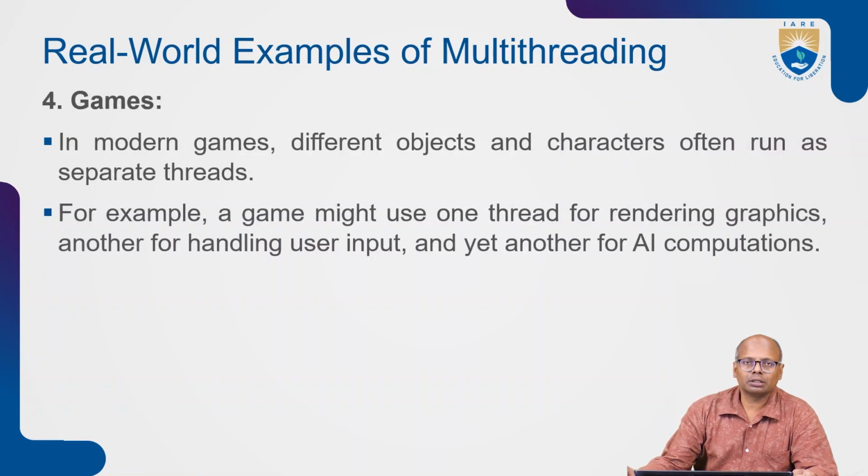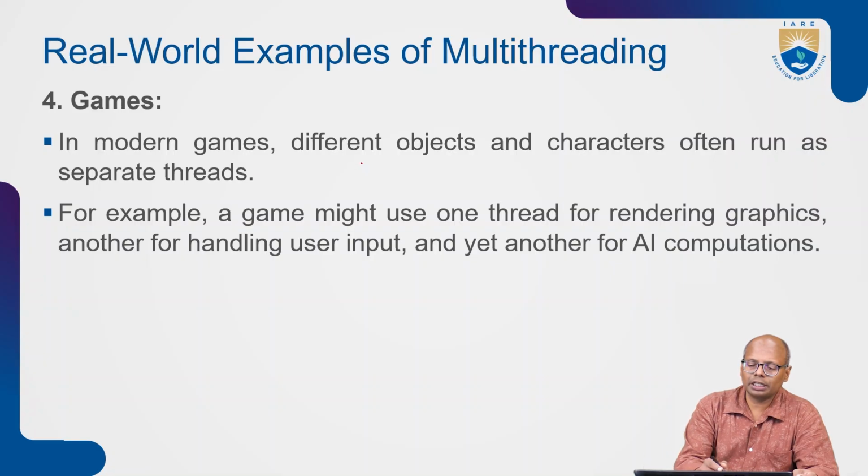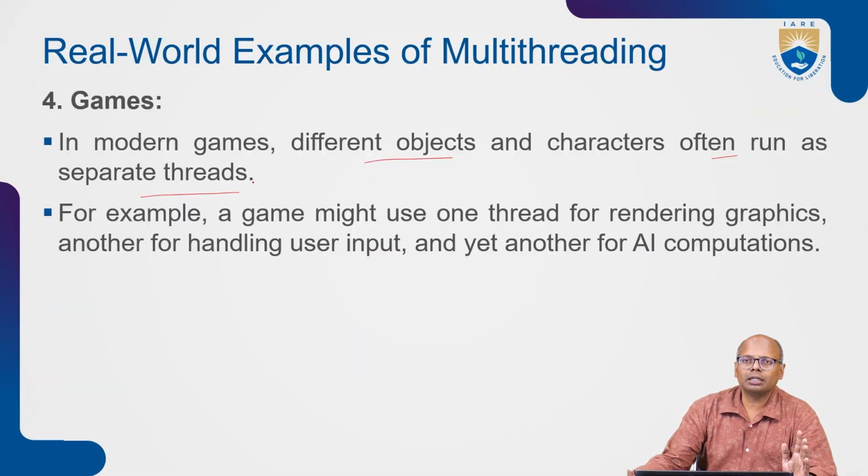Then the gaming. In modern games, different objects and characters often run as separate threads. You can see in all these games that children are playing, different people are shooting, the background is changing, and so many things are happening simultaneously.